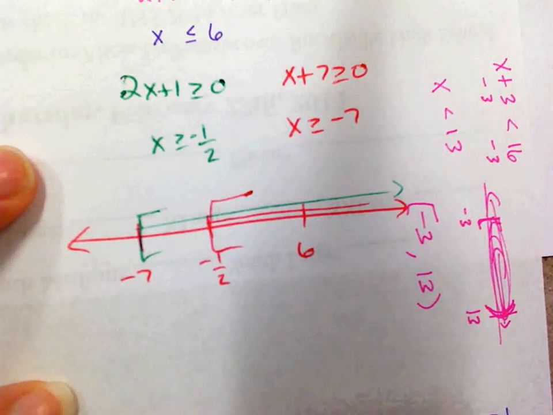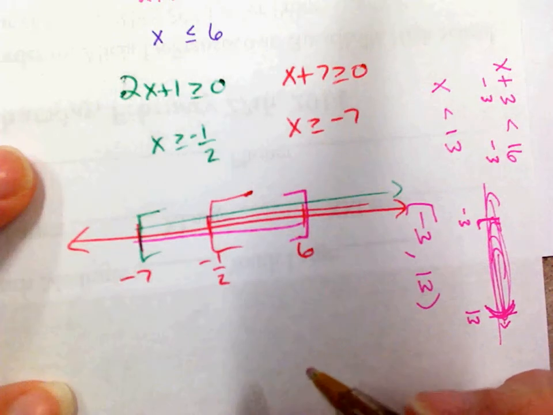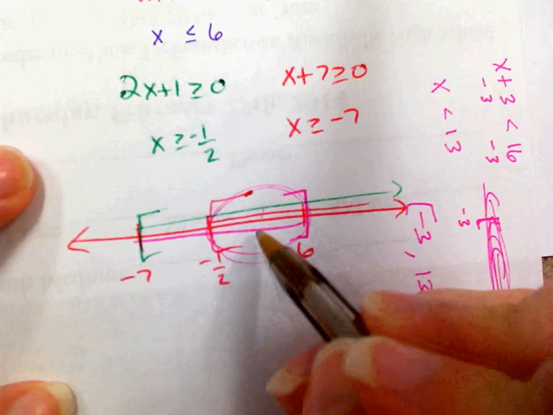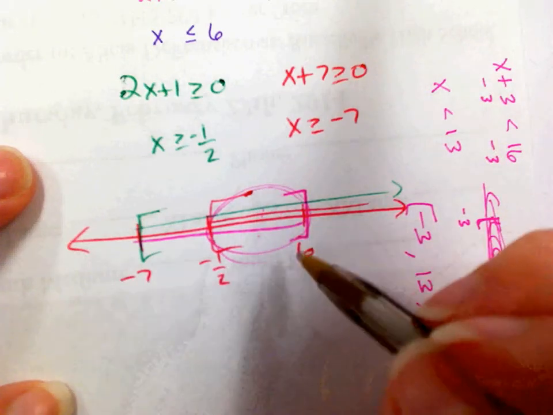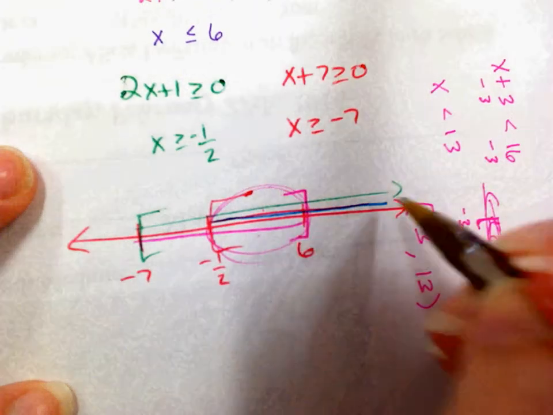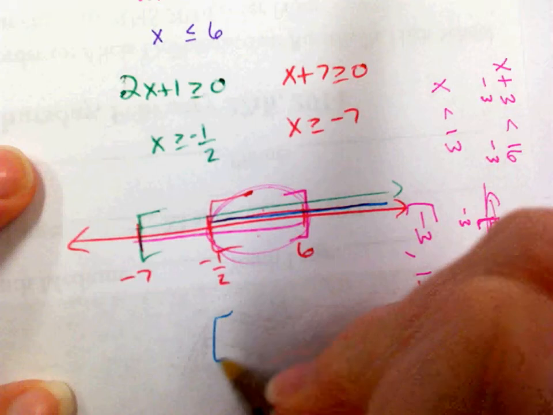So where are all 3 defined? Only between those 3. See, all 3 of my lines, 1, 2, 3, are defined between the 3. I should have done this in a different color, so you can see. But anyway, so my final answer is between negative 1/2 and 6 is where the whole thing is defined.